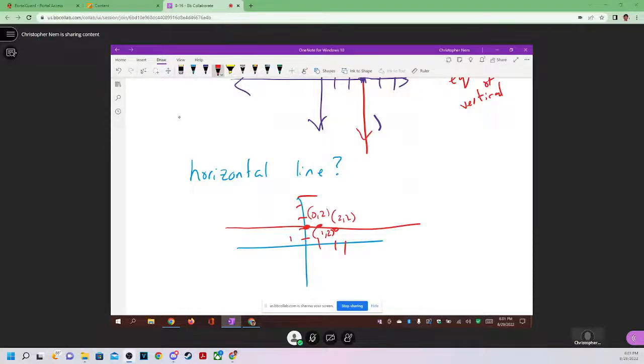You'll notice that all of these values on a horizontal line will be whatever the y value is. So in this case, we have y is equal to 2. That's our equation.